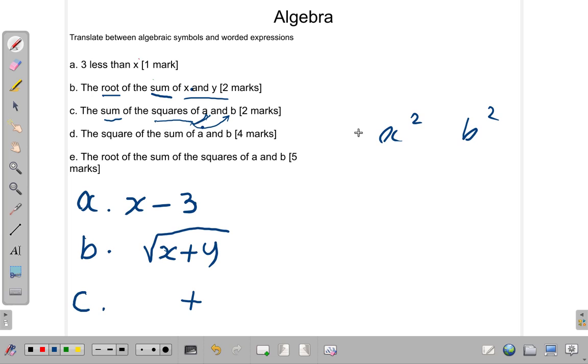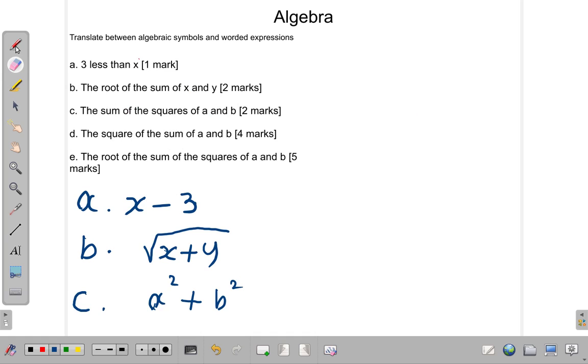The sum of them. So we're going to put A squared and B squared, and you add them. If you had A squared plus B squared, you could have B squared plus A squared too. That would be right. But A squared plus B squared, you can give yourself 2 marks.